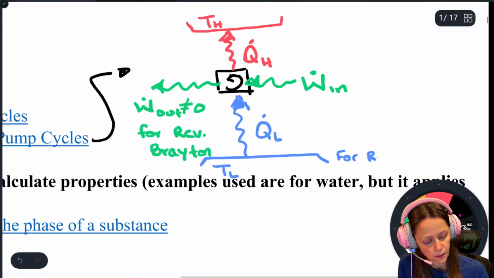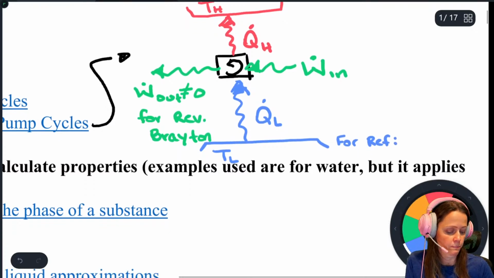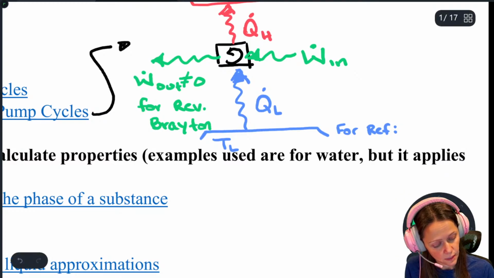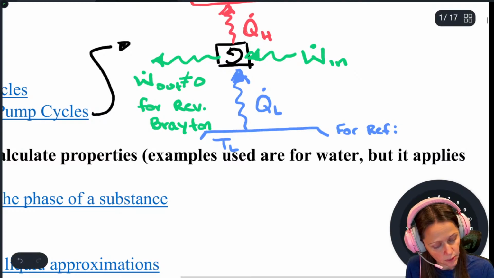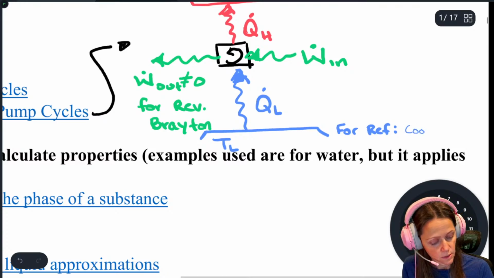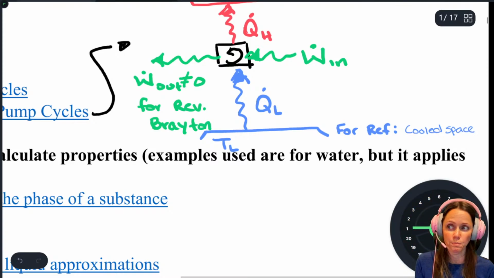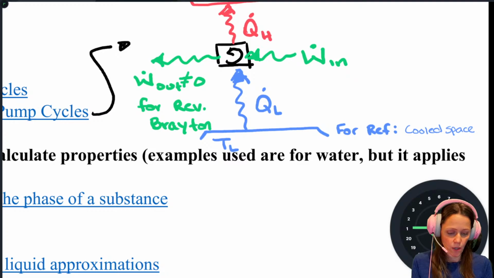So going back over here again, for a refrigerator or refrigeration cycle, this could be a little bit smaller. This is the space, right? It could be the refrigerated compartment. It could be your cooled house, right?